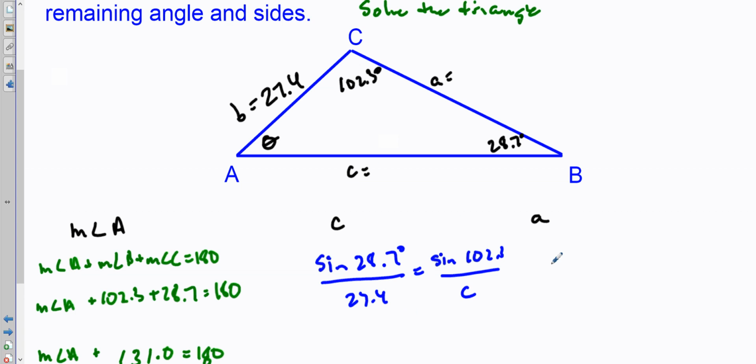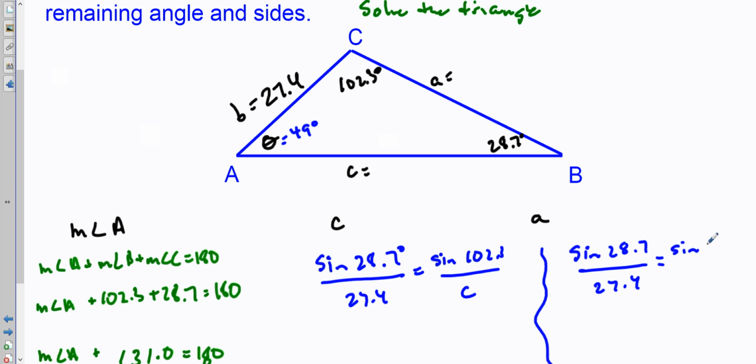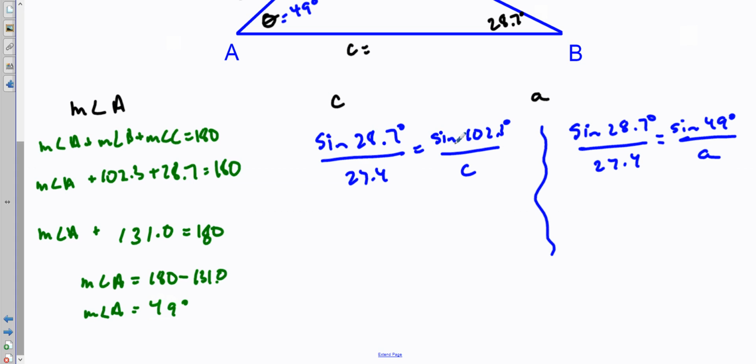And in the same way, the sine of 28.7 over 27.4 is going to equal the sine of 49 degrees over a. And that's the law of sines. Now we're going to solve for each one of these sides, and this is where you need your calculator.